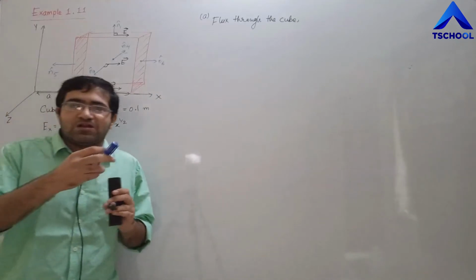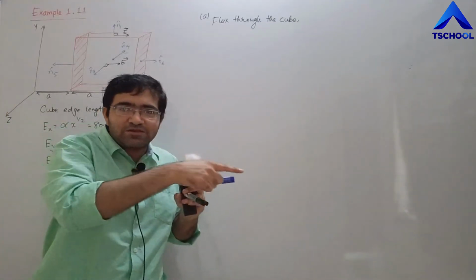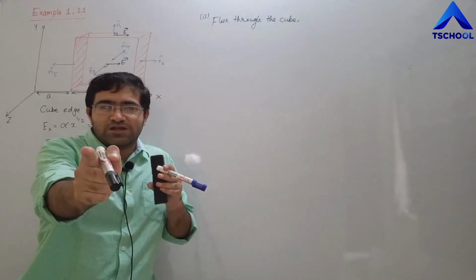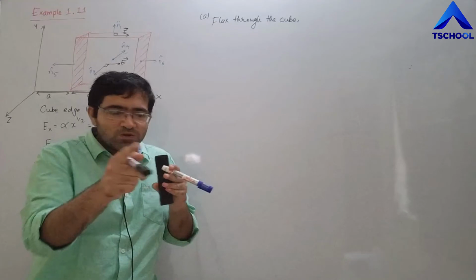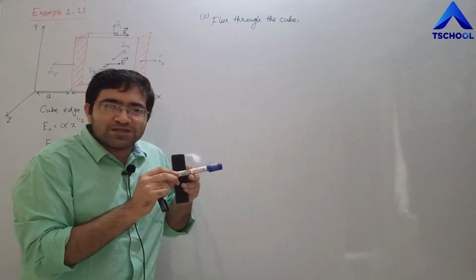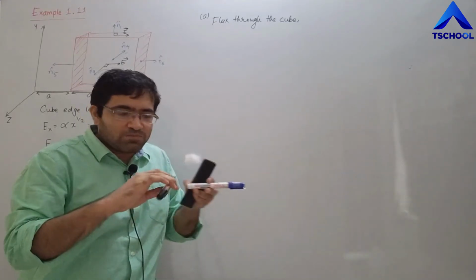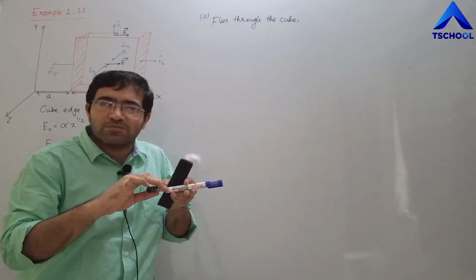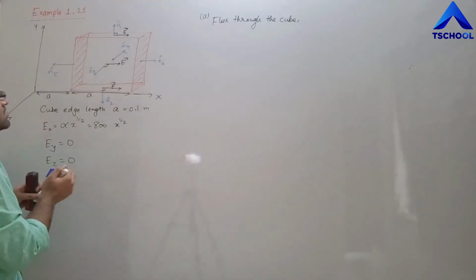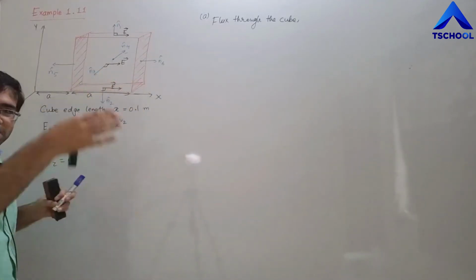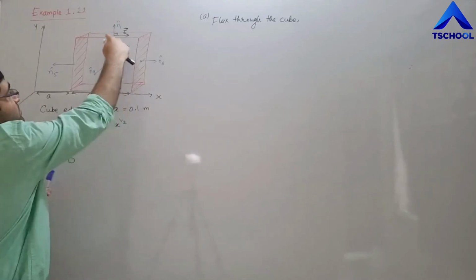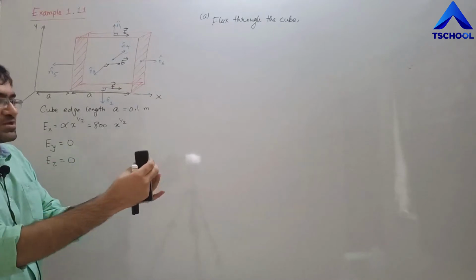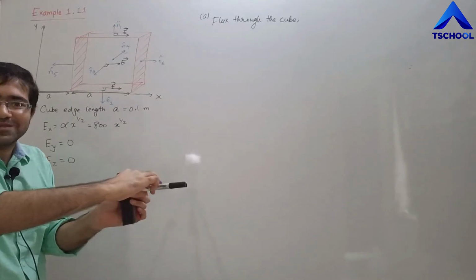But the electric field is in that direction. The area vector is towards you, but the electric field lines are going towards the right hand side. So there is a 90 degree angle between these two, and that's why the flux for the front surface is 0, just like it was for these two. Similarly, the flux for the surface behind is also 0 because its area vector is in the opposite direction. So once again, the angle is still 90.